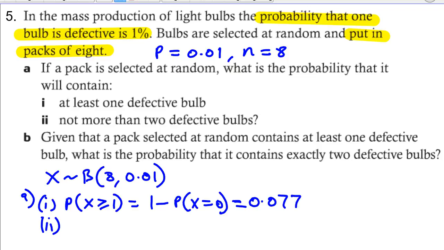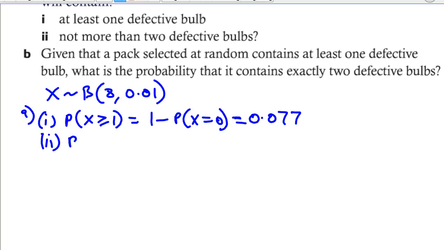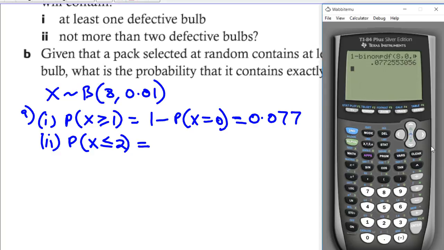Part 2, we want the probability that X is less than or equal to 2. Of course you can just plug this into your calculator. I'll show you again. Once you get the idea, in the next examples I'll assume that you can just do this by yourself.